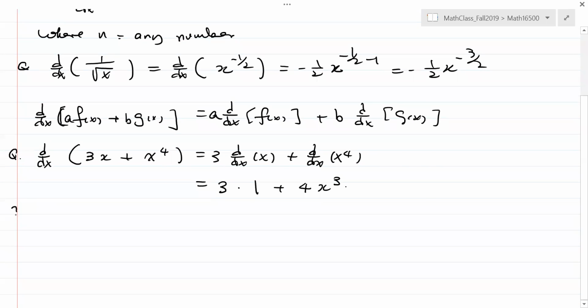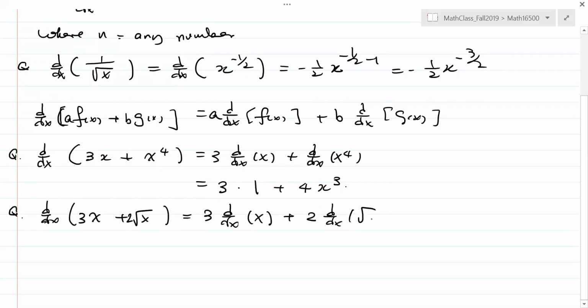So now we can differentiate any polynomial, even a combination of any power functions. A power function can be x to some fraction even. So it can be 3x plus 2 square root of x, for example. It's a linear combination, so you do the same. It's 3 times the derivative of x, plus twice the derivative of square root of x.